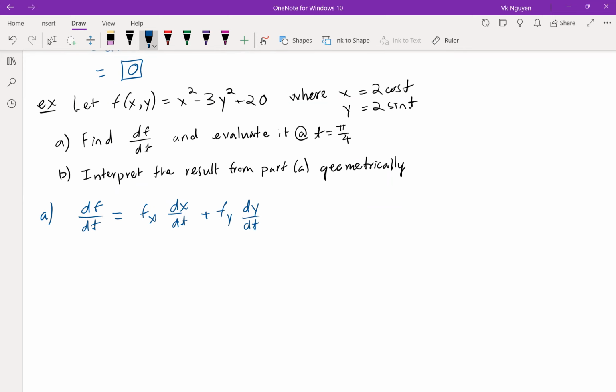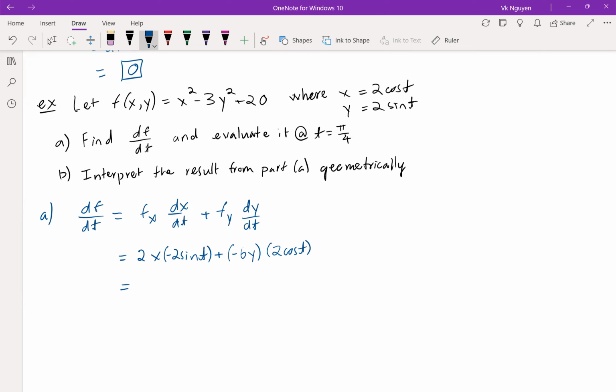So fx is 2x, and dx over dt: the derivative of cosine is negative sine, so it's negative 2 sine t. fy is negative 6y, and the derivative of sine is cosine, so 2 cosine t.